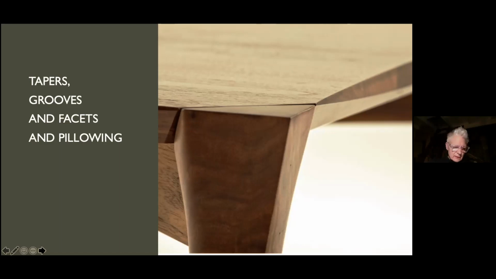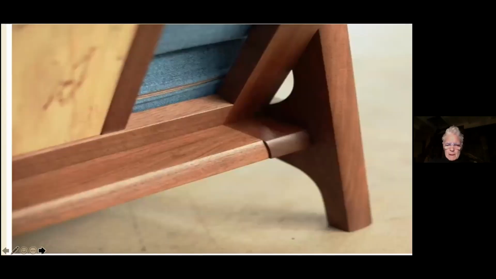And I've got another great example here. Little subtle things. Look at that little step there. What an interesting decision, but I think a good one. The pillowing of the surfaces again there. The decision to have this, and this is in the back, mind you, it's not even the front.